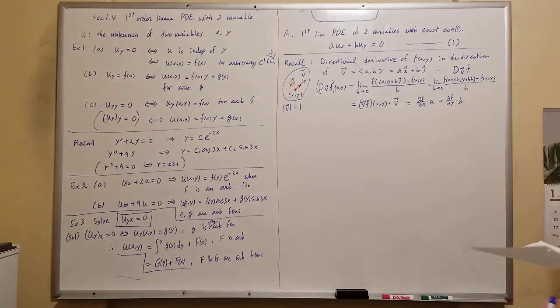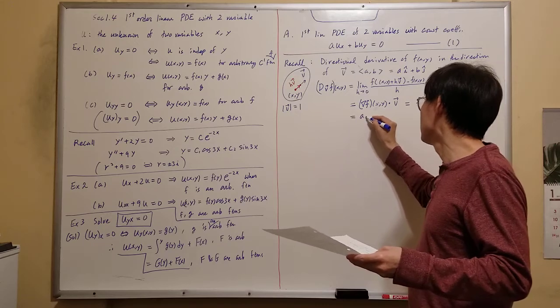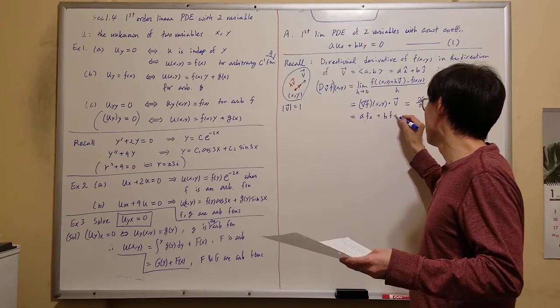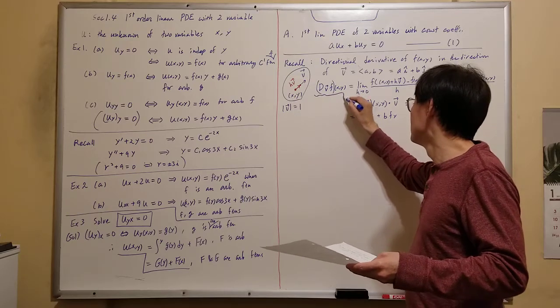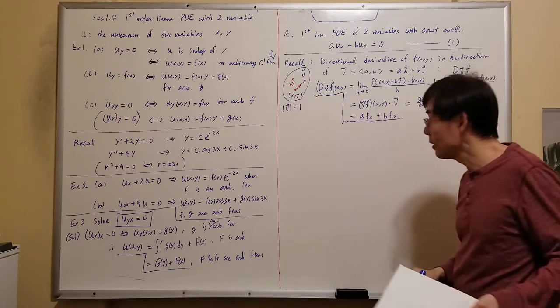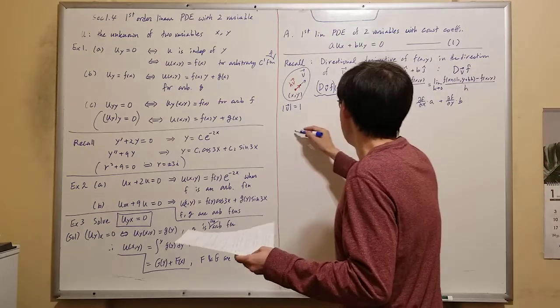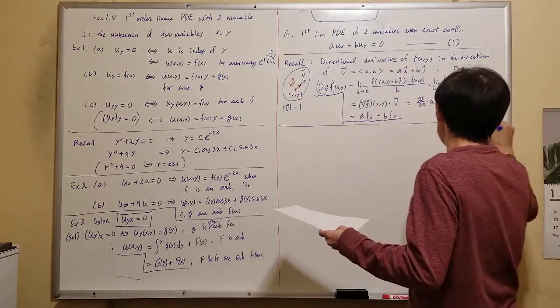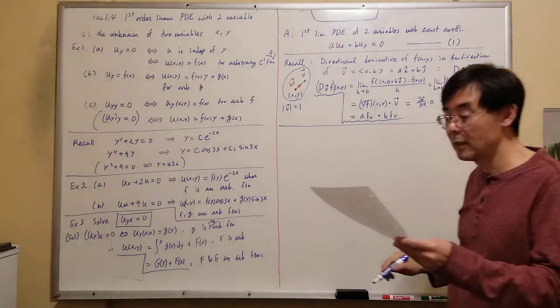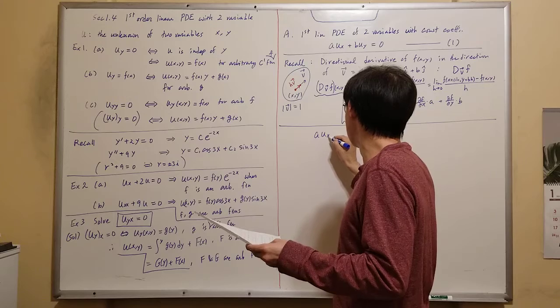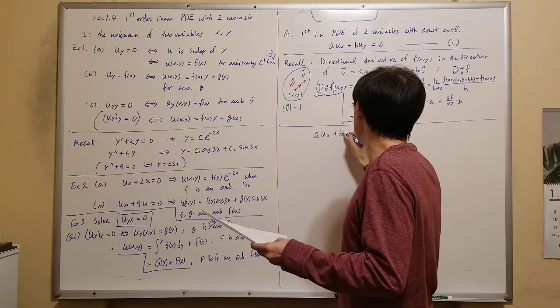I'm going to write it as a times f sub x plus b times f sub y. So that would be your directional derivative. Okay, knowing this, let's take a look at this one again. a times u sub x plus b times u sub y.